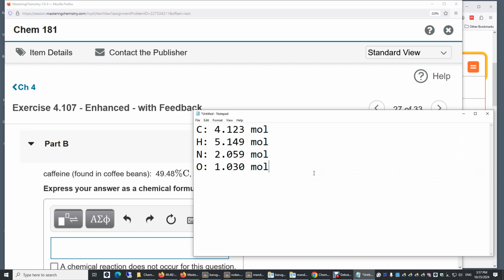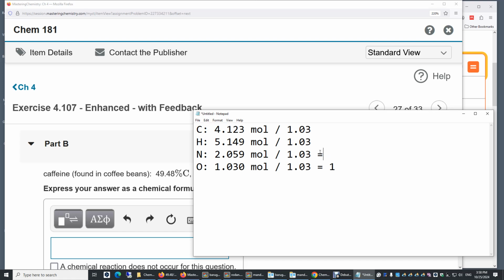Alright, now we have the number of moles for carbon, hydrogen, nitrogen, and oxygen. We look at these four numbers, find the smallest number, 1.03, and then divide every single number by 1.03. Of course, the last division is just 1.